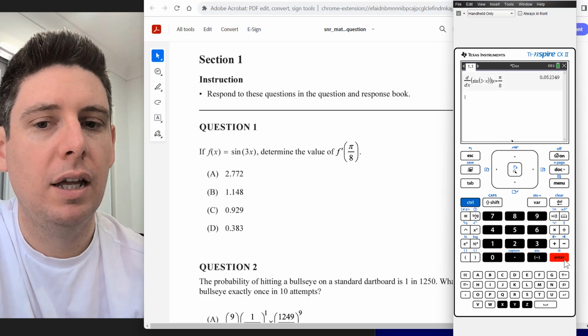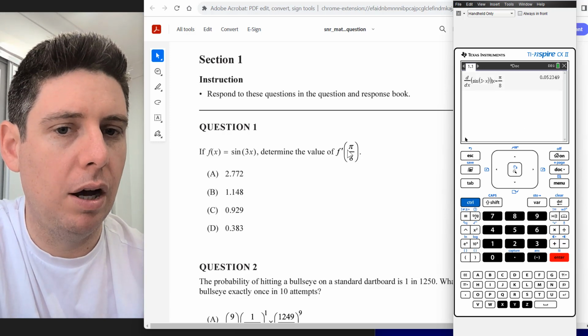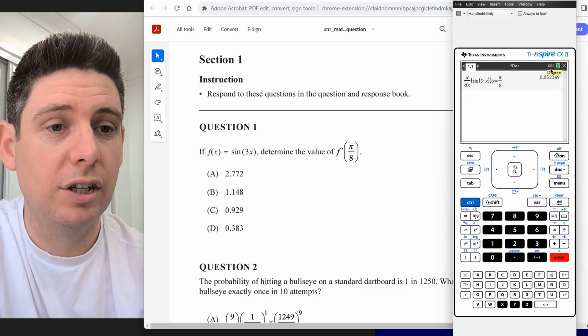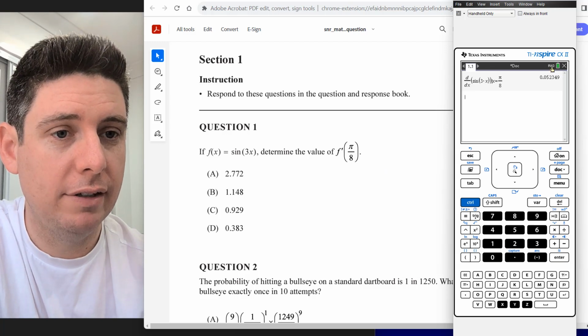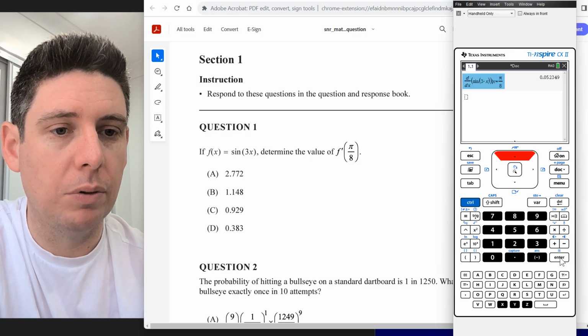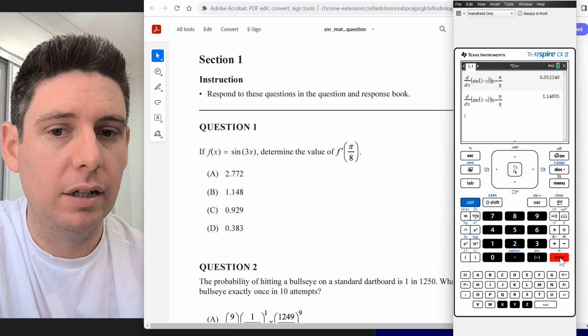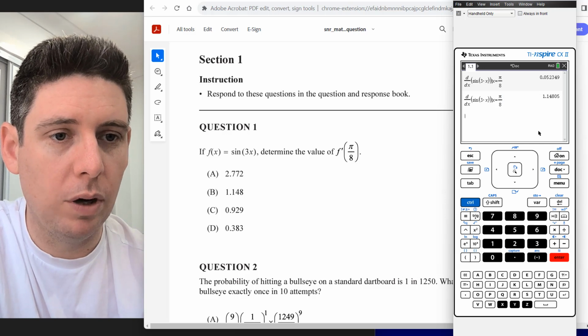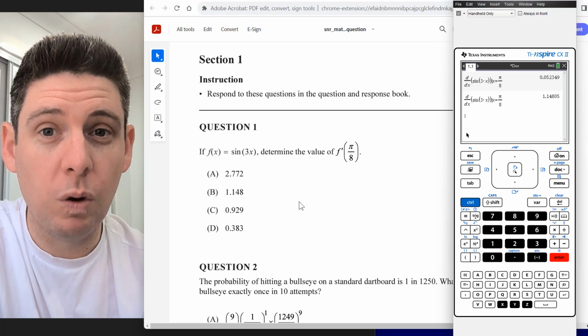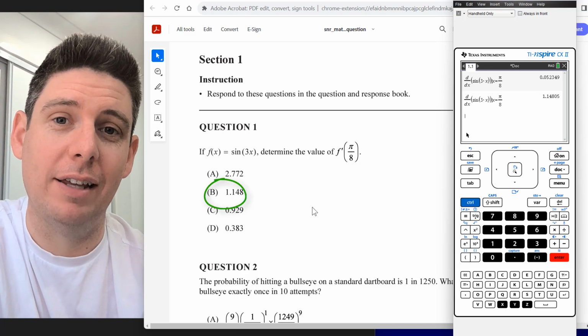You press enter. This is in pi, which indicates it's in radians. You can see my calculator is in degrees, so I'm changing it to radians, and then I'm going to press enter, enter, so I get 1.148, which is question 1B is the correct answer.